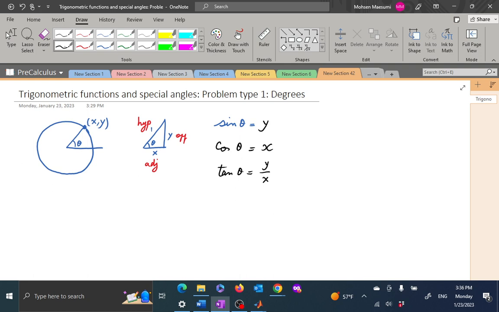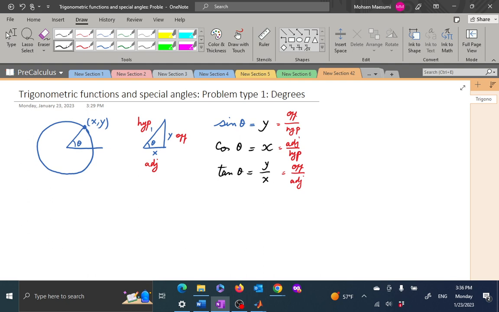For those of you who remember this from another style, perhaps from high school, this was opposite over hypotenuse, this was adjacent over hypotenuse, and this was opposite over adjacent.